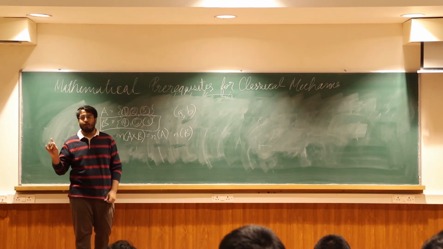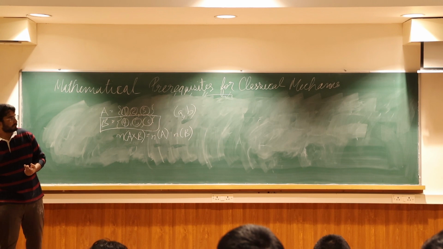So you will have a total of 9 elements in A cross B.